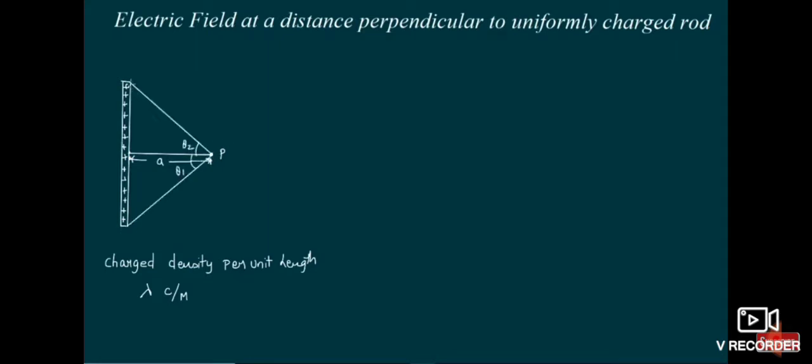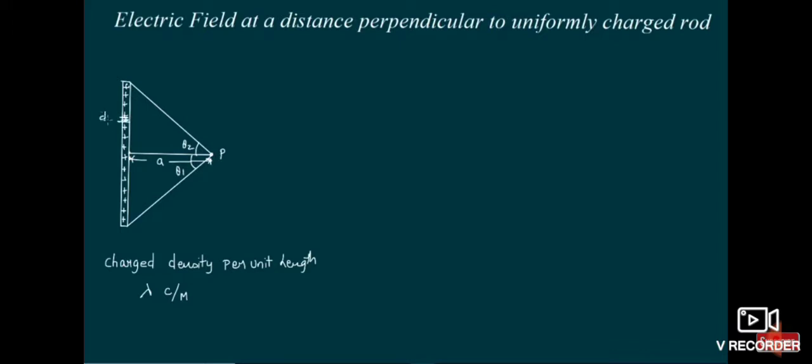The point P is at a distance of A. The point P makes two angles at the ends of the rod, theta 1 and theta 2, and the point P is at a distance a meter from the rod.